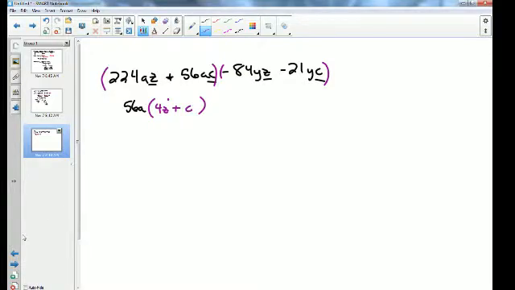Right? Good. What is a factor of that? Negative 21. Why? And what's left? 4z plus c.